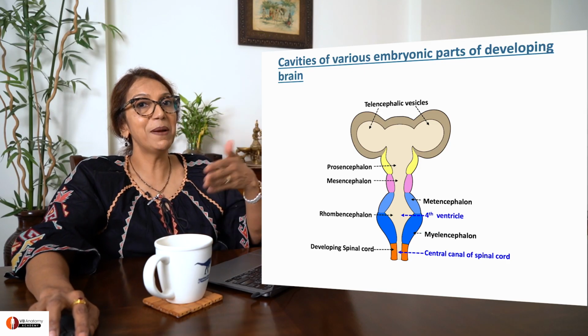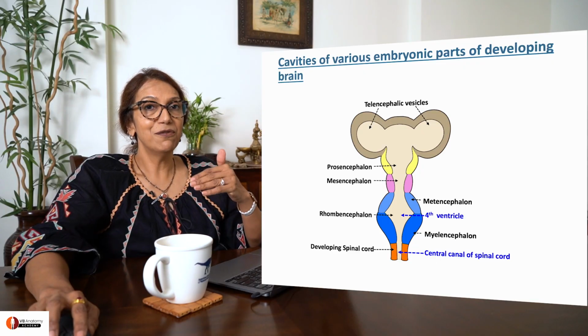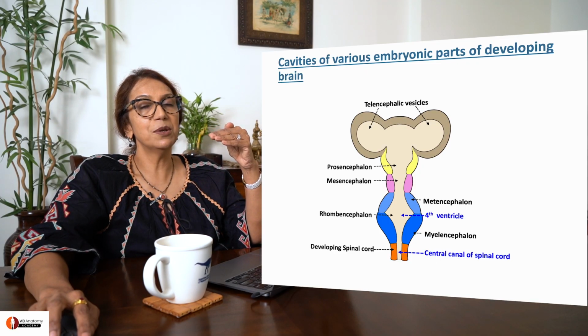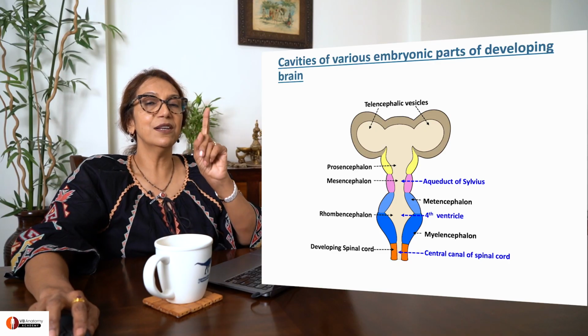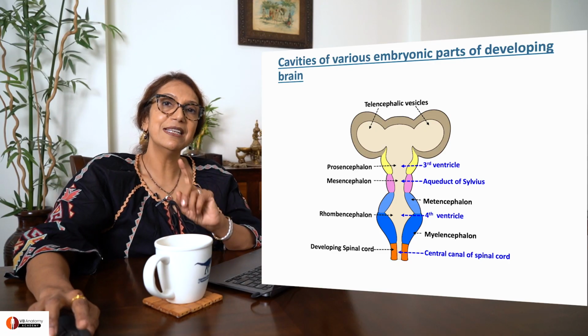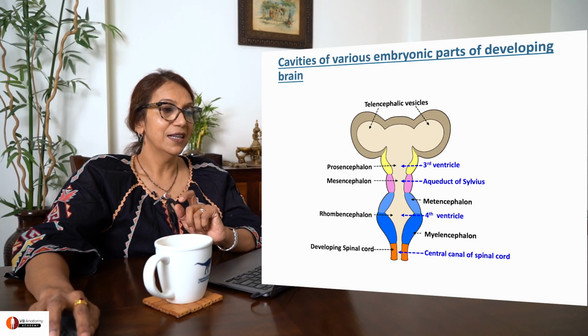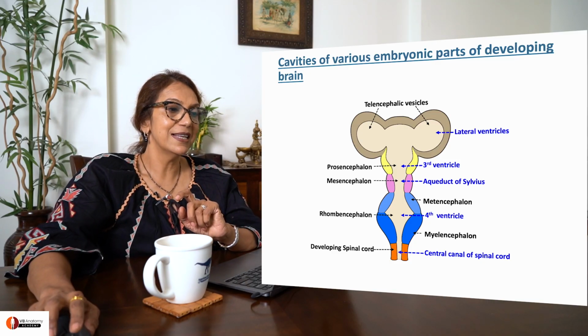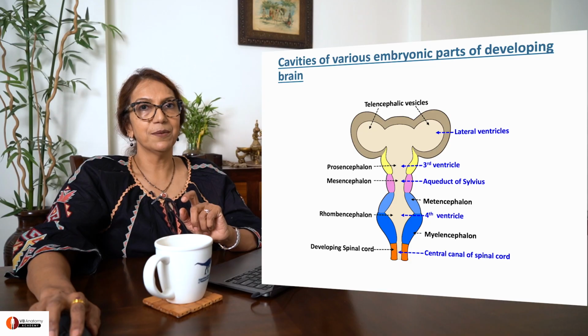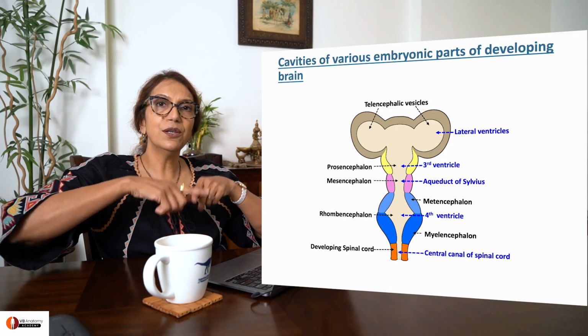Now you should anticipate the next part. The fourth ventricle continues upwards into the midbrain as the aqueduct of Sylvius. The aqueduct continues into the prosencephalon as the third ventricular cavity. The third ventricle continues upwards into the telencephalic vesicles as the lateral ventricular cavity. All these are continuous with each other.